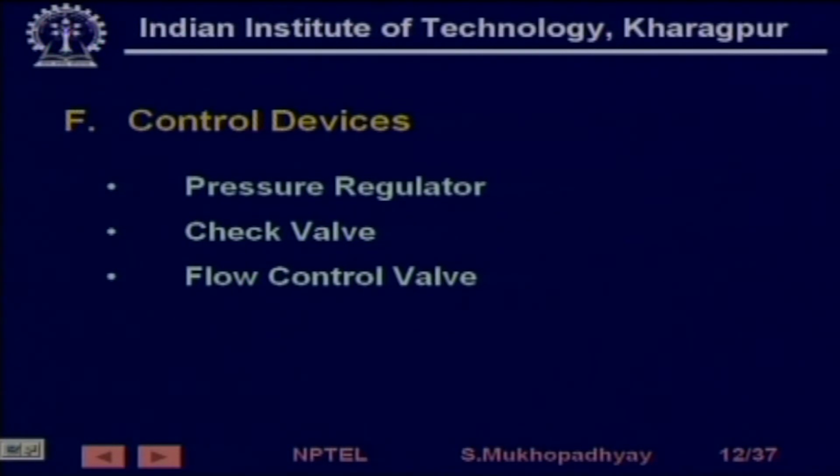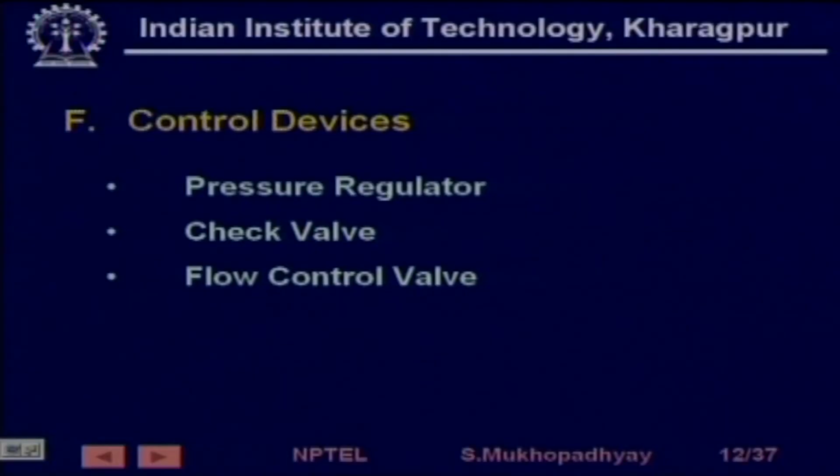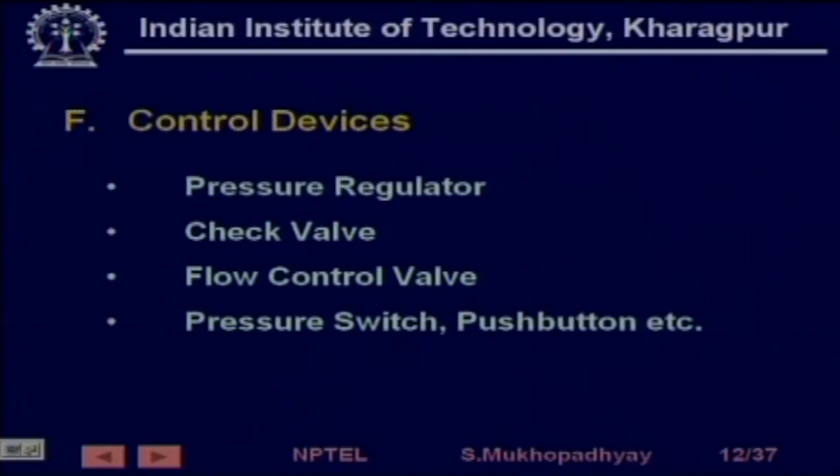Sometimes, as in the case of hydraulics, when you are driving the load you typically need slow motion, and when you are returning without load you can have fast motion to save time. In such cases flow control valves are used very similarly to what you use in hydraulics.